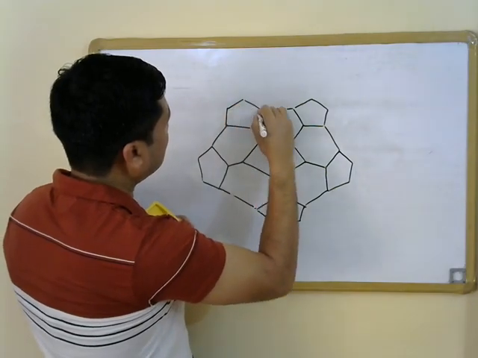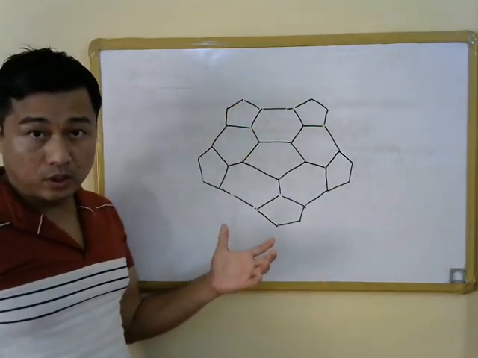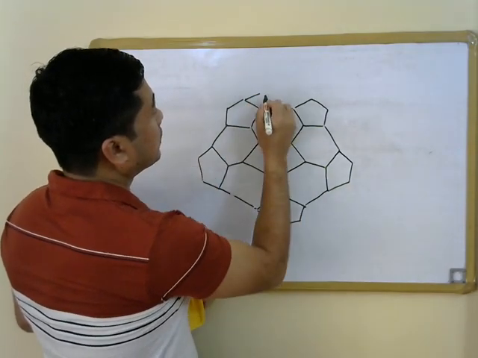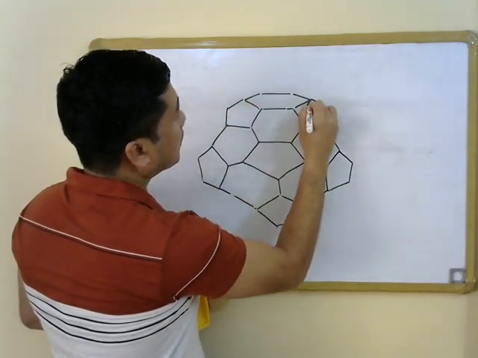Now we will draw hexagons once again. So this is where we will draw a hexagon. This is how we will draw the hexagons.